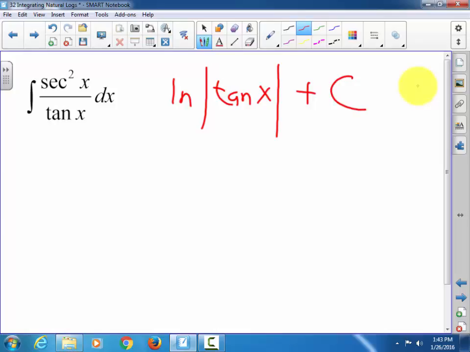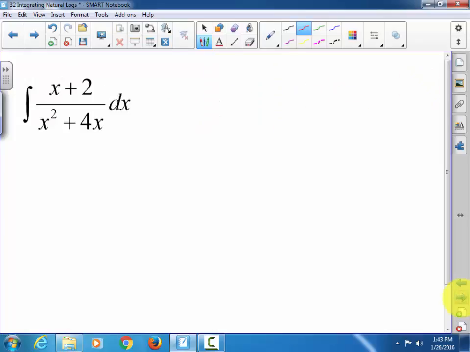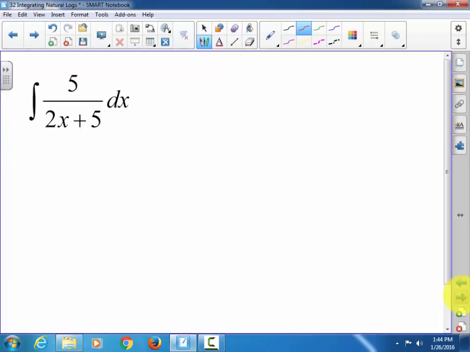So let's just look at these others. Is there anything that scares you there? That's just like one we worked just a moment ago. It has a 1/2 in front, but does that scare us, to see that we're going to have the 1/2? This one's a little bit more tricky because of that 5 up there. This is kind of like the one that we started off the day with.